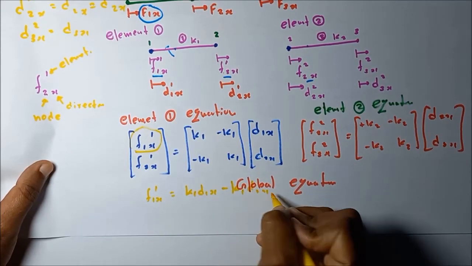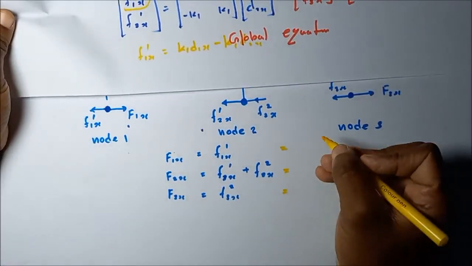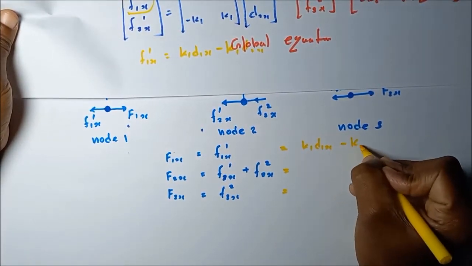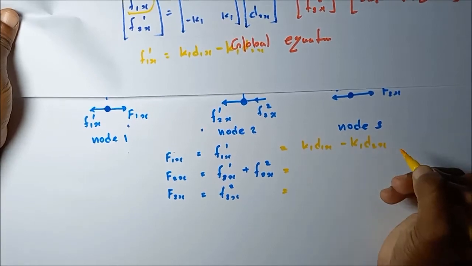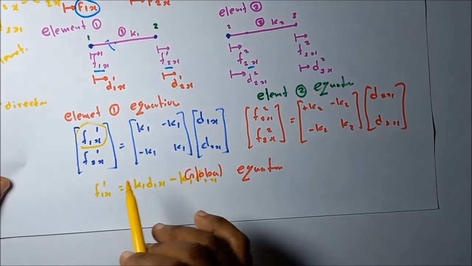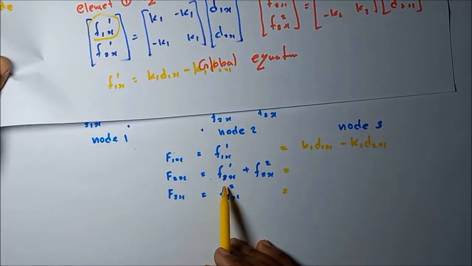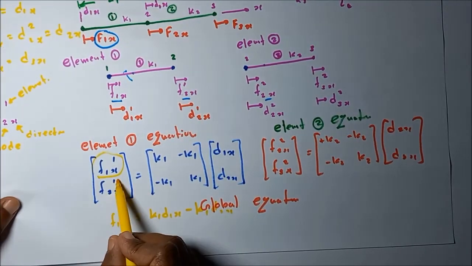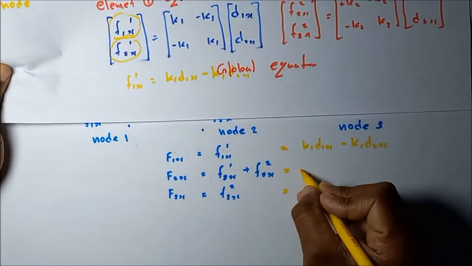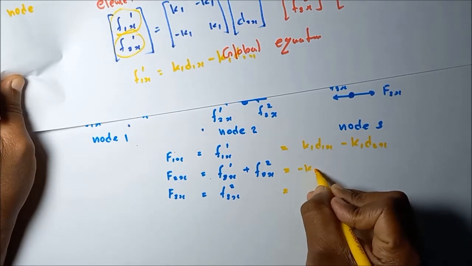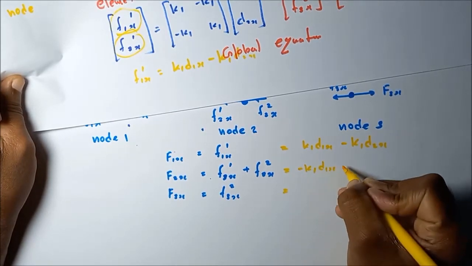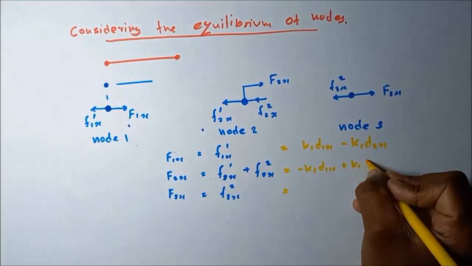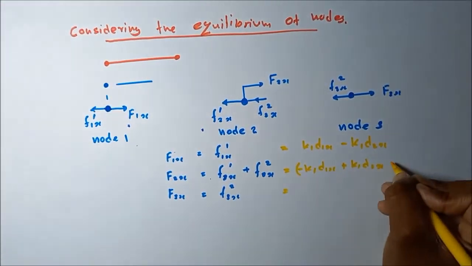Similarly, F2x1 is equal to minus k1 d1x plus k1 d2x.